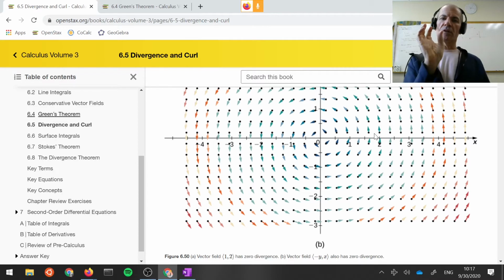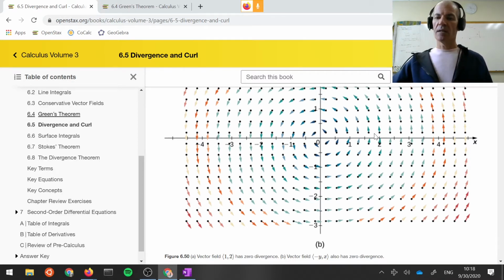Is the ball going to want to spin in any particular direction? Is it going to want to rotate? If it wants to rotate here in 2 dimensions, counterclockwise, then the curl will be positive. And if it wants to rotate clockwise, the curl will be negative.